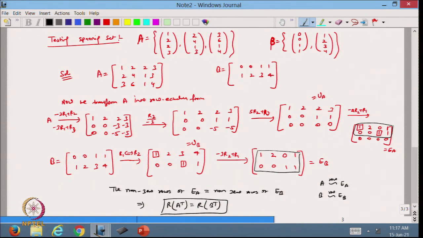Because if you make the matrices, they are row equivalent. So, the non-zero rows of matrix A and the non-zero rows of matrix B will span the same space. So, the range space of A transpose will be the same as the range space of B transpose.